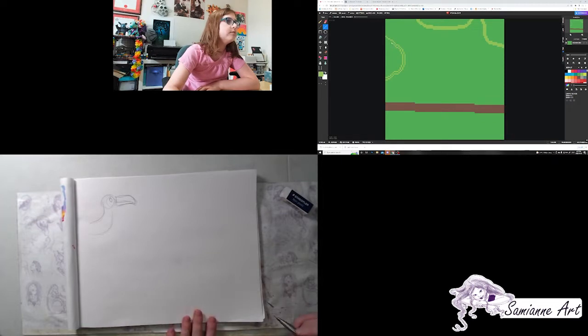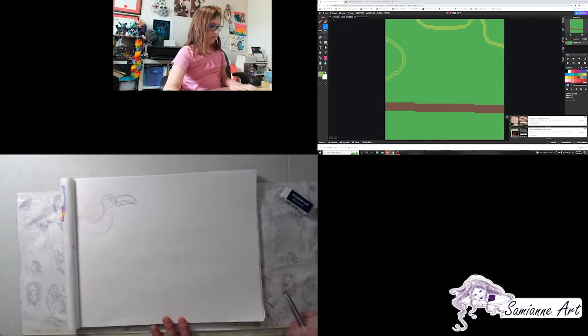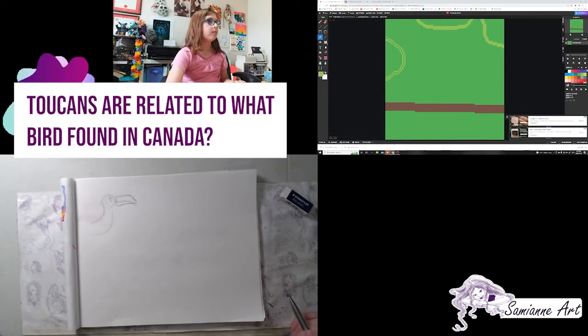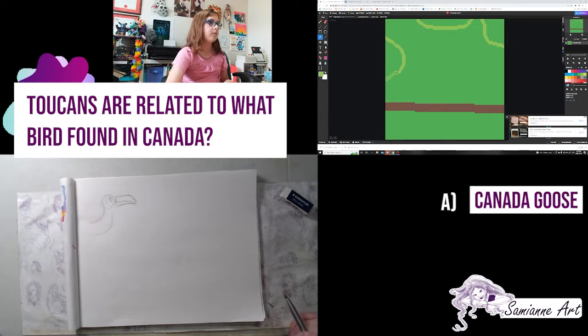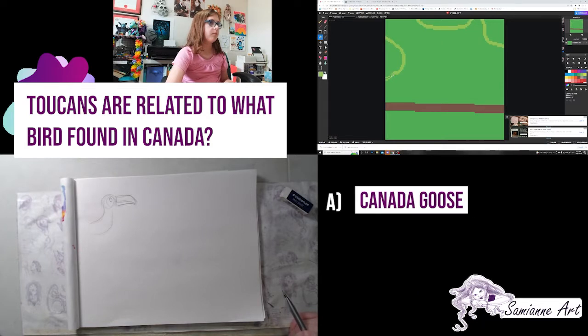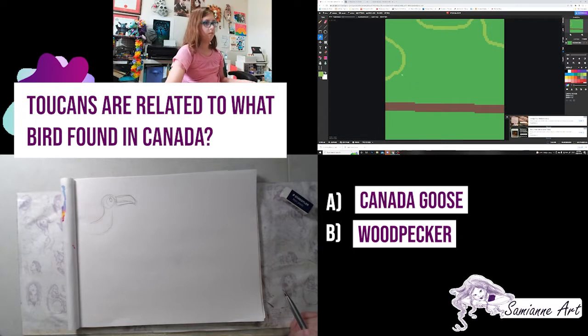So our first question is going to be, toucans are related to and have a lot in common with what Canadian bird? Is it A, the Canada goose, B, the woodpecker, or C, the chickadee?